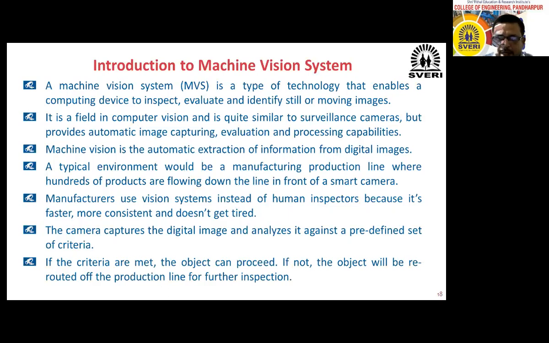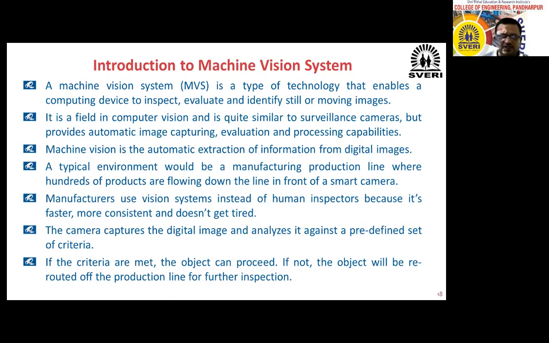Now, again, we have seen a vision system. What are the different components, or what does that vision system do? It does inspection, identification, and signal conditioning. Now, an introduction to the machine vision system.